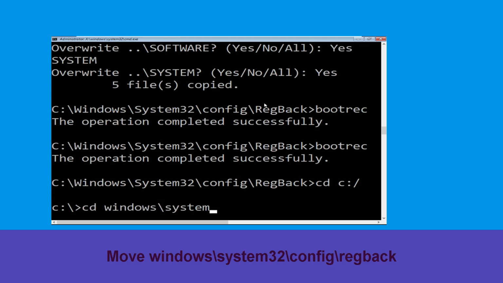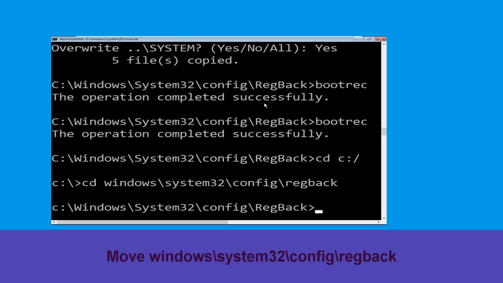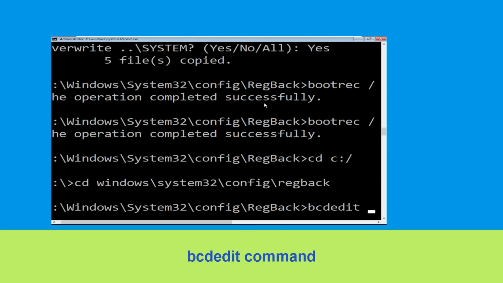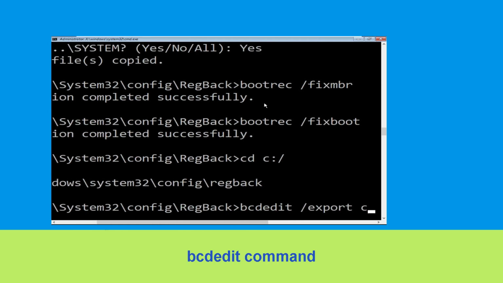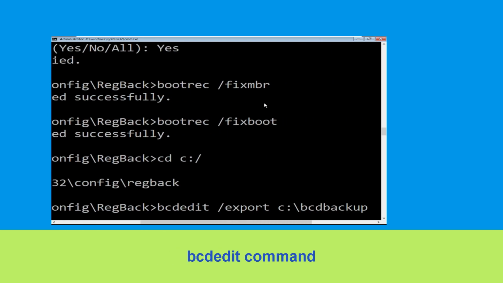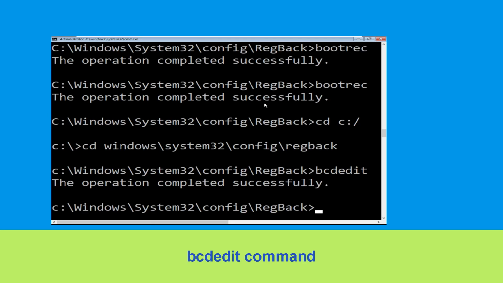Type cd space Windows/system32/config/regback, then simply hit enter to execute this command. Type bcdedit space /export space c:/bcdbackup and simply hit enter to execute this command.